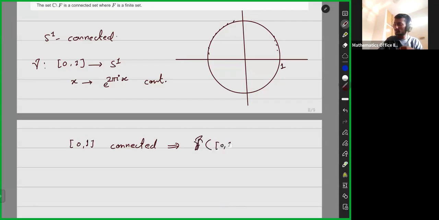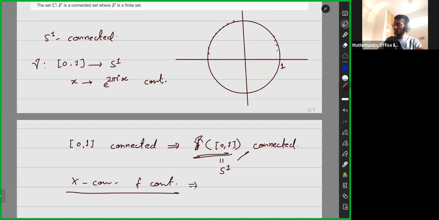So this is connected. So f, or gamma, is continuous on [0, 1]. This is a theorem. The image is also connected, and this is equal to S1. So when X is connected, as we have seen, and f is continuous, these two imply f(X) is connected.